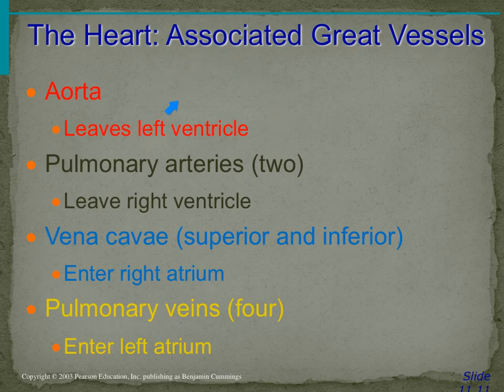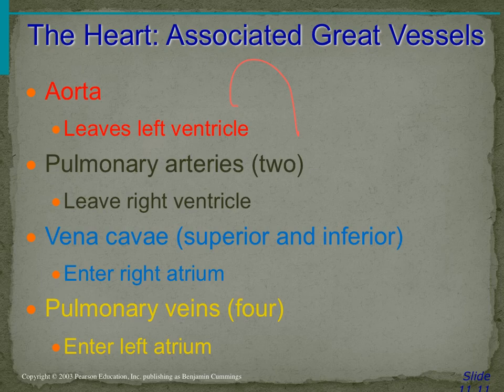The aorta is kind of an arch-shaped vessel. As it comes out of the heart, kind of goes like that. So a lot of times you'll hear about the aortic arch. That's what they're talking about. There are 2 pulmonary arteries which bring deoxygenated blood from the right ventricle out to the lungs.